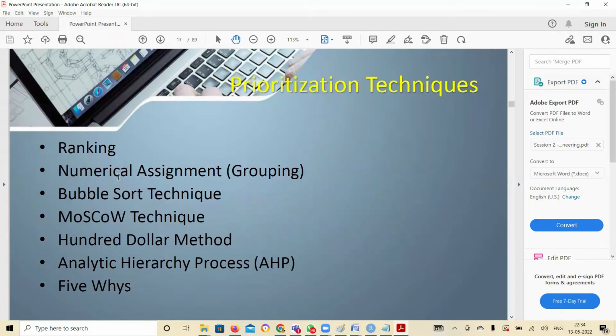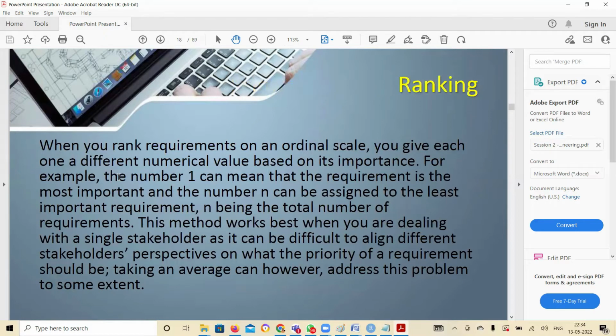Let's go one by one. The first technique is called ranking. When you have, let's say, 30 or 50 or 20 or 100 requirements to look at, every requirement has to be ranked from 1 to 100 or 1 to 50 or 1 to 20, because you know which has to be developed first.